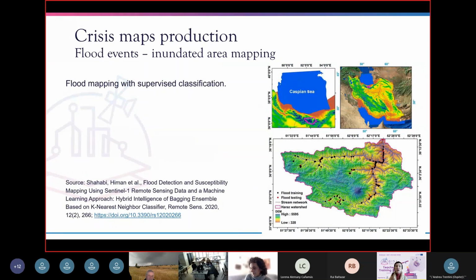Another option for detecting the flood is to use supervised classification. You have discussed classification during the remote sensing training, so I remind you of the basic principles. The operator provides the algorithm with some samples over the satellite image that he has to recognize as belonging to a certain class.